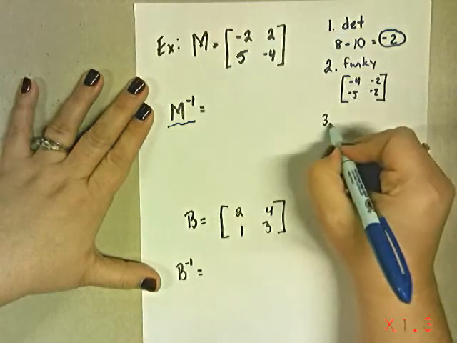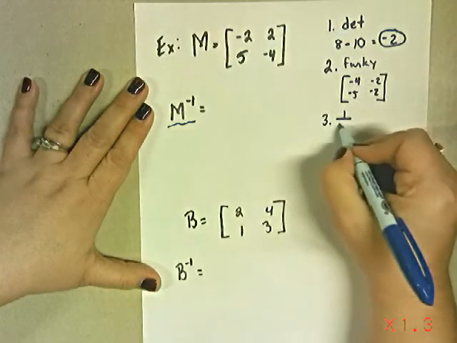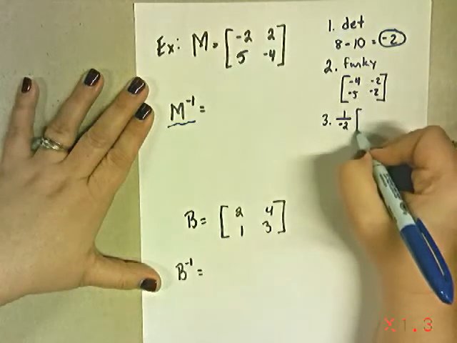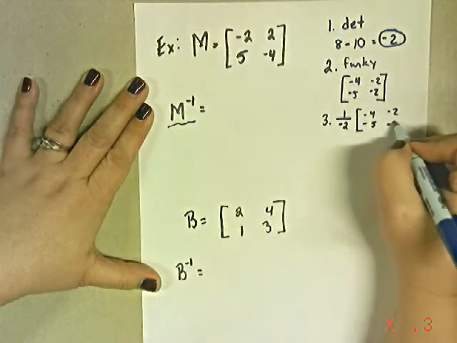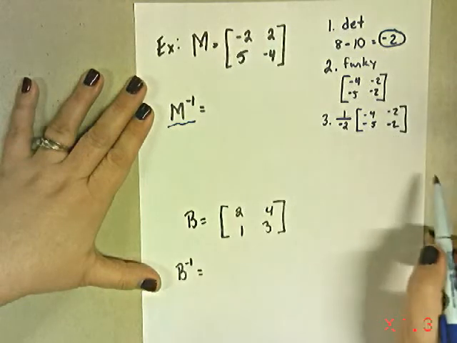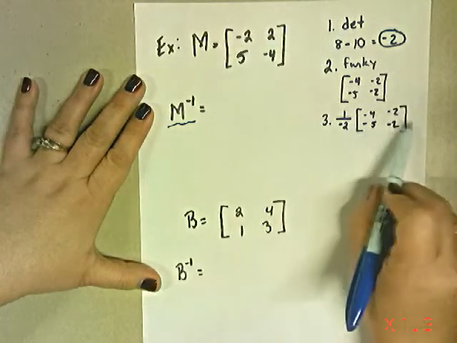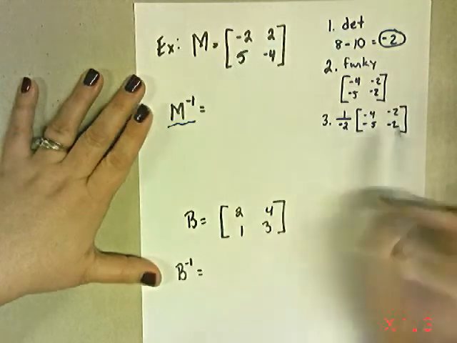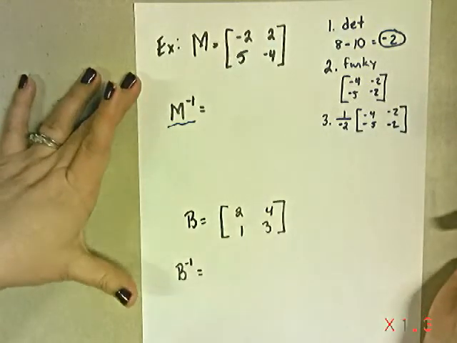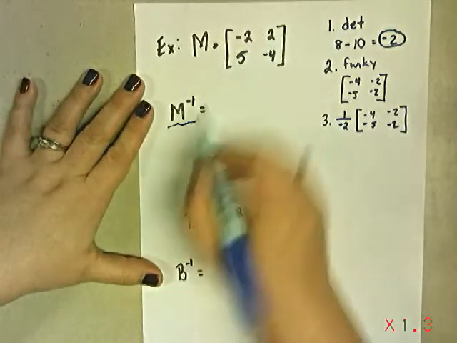Third step, we multiply 1 over the determinant times the funky matrix. So again, this is just scalar multiplication. So I'm going to multiply -1/2 times each of these. And remember, -1/2 times something is basically that thing just cut in half. And then because it's negative, we're going to change the sign.